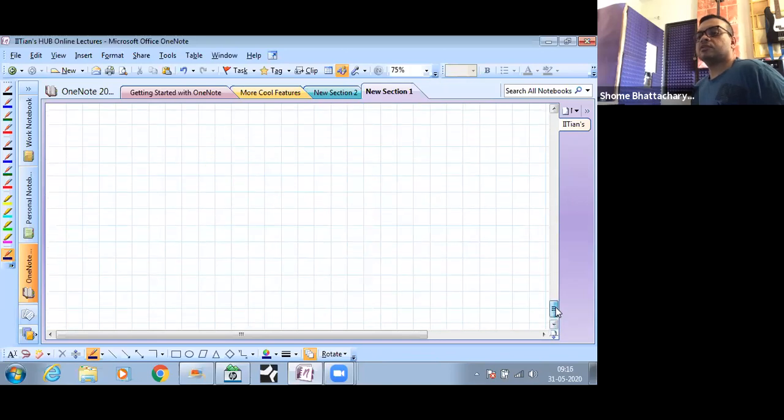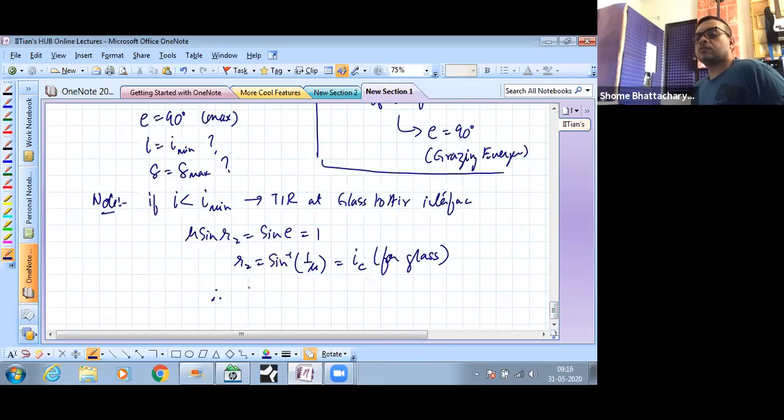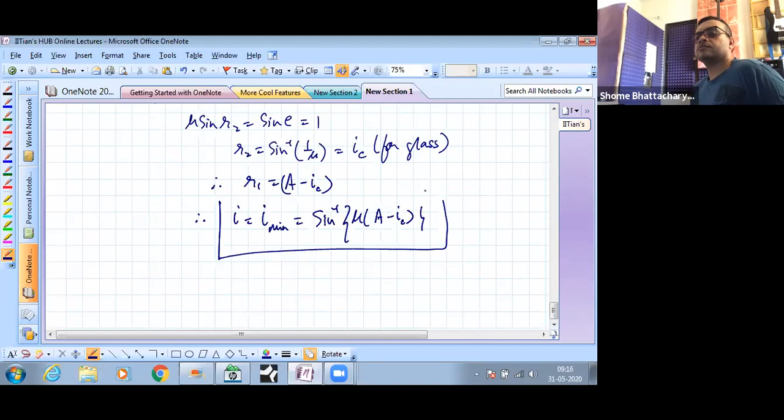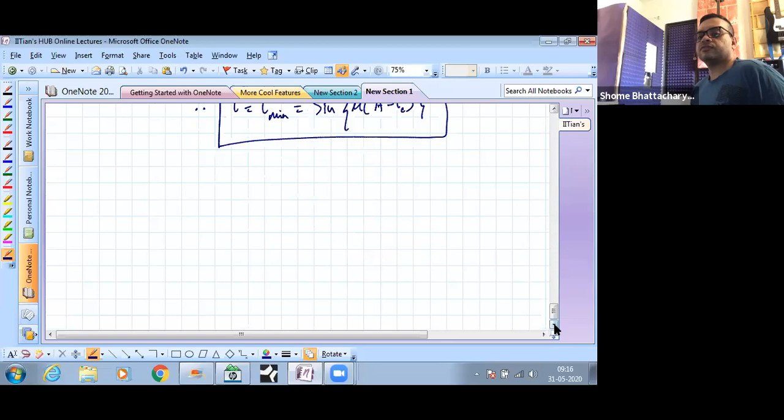So therefore r1 becomes A minus critical angle, and therefore that i, which is equal to the minimum value of i, becomes sine inverse of mu into A minus critical angle. So this value now gives us this position in the graph.